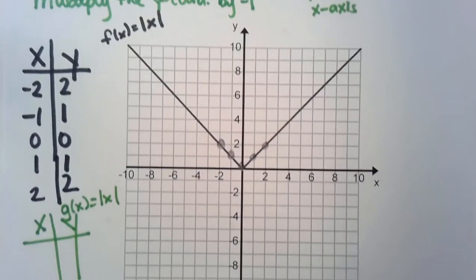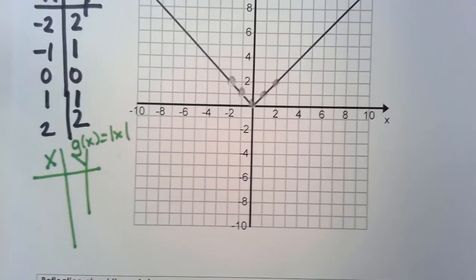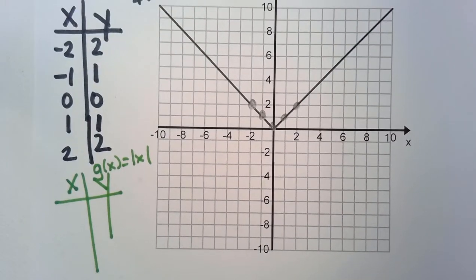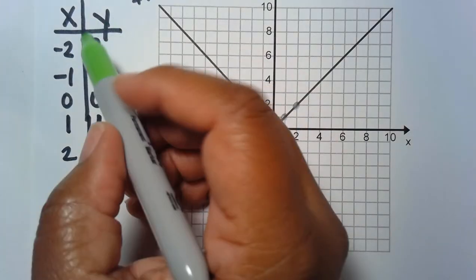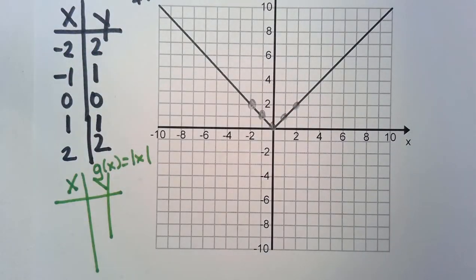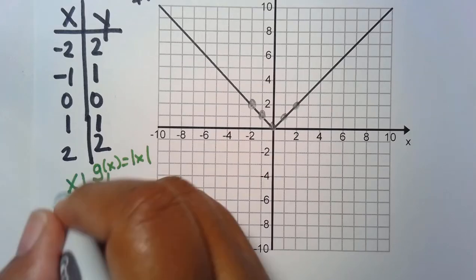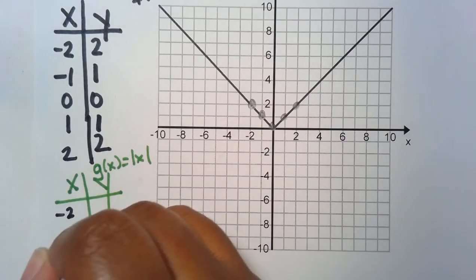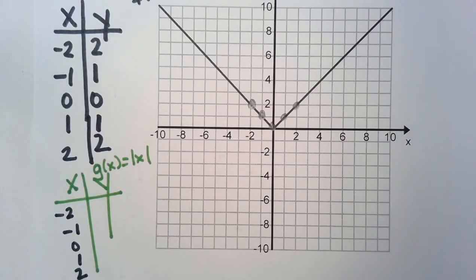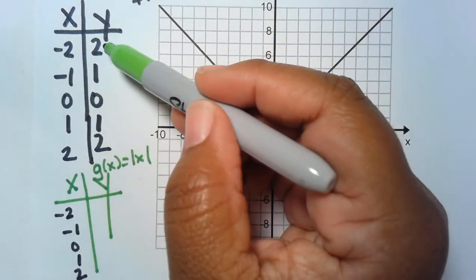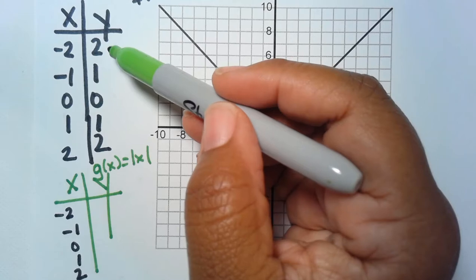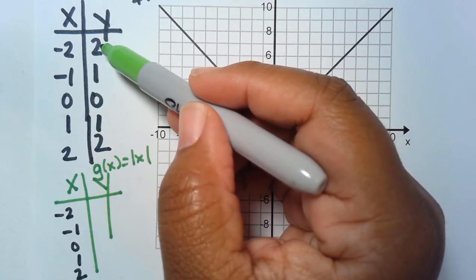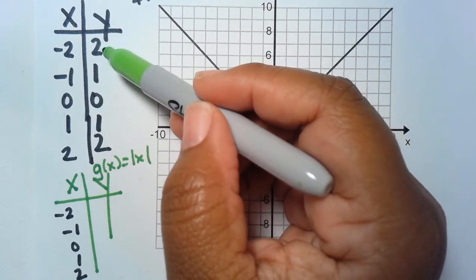So what this means is you see our table here, and our x column stays the same. So to find out how it reflects, we're going to take from the original graph, we're going to multiply each coordinate of y by -1.